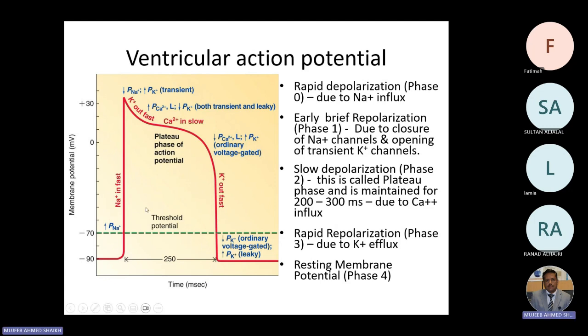So first contraction, followed by relaxation, then second contraction. You cannot stimulate the cardiac muscle in between. That is, first contraction is going on, you make a second stimulus and it will go into second contraction. Not possible because of the long refractory phase. And this long refractory phase corresponds to the plateau phase of the action potential.